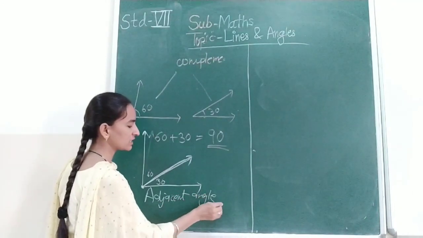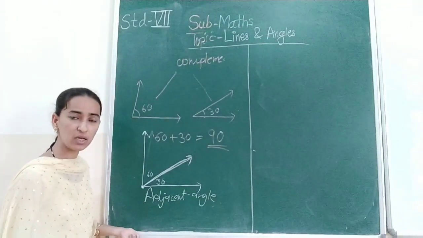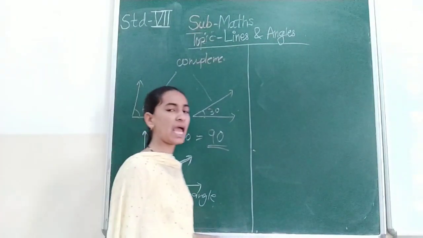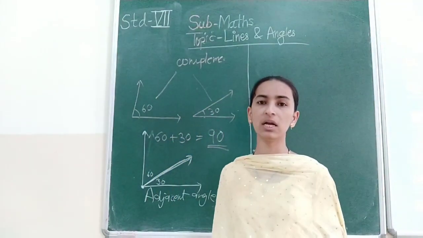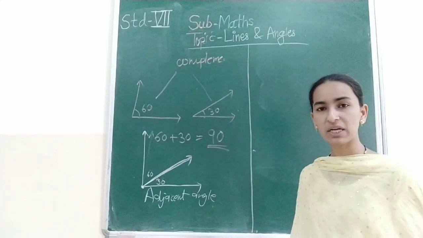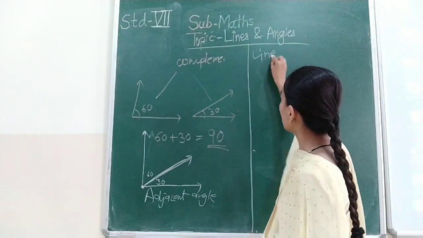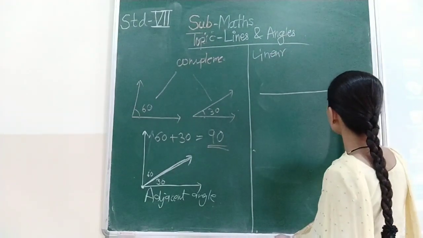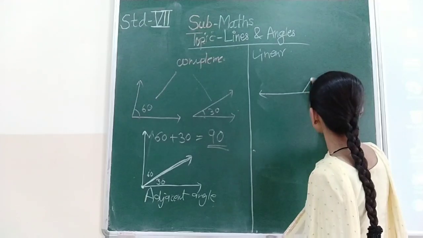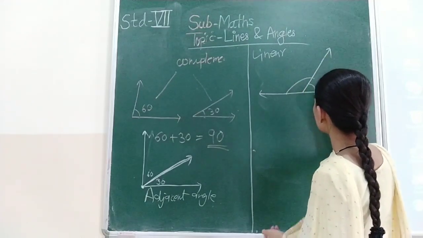Understand the meaning of adjacent angle, complementary angle and supplementary angle. What is supplementary? If both angles together make 180 degrees, they are called supplementary angles. Now next is linear pair. What is the meaning of linear pair? Suppose this is my ray. This is my first angle and this one is the second angle.